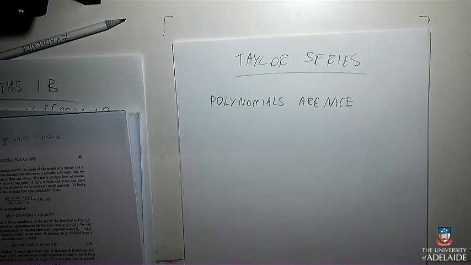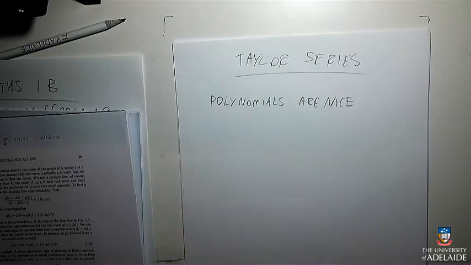We can differentiate them easily. We can integrate them easily. That's the nice one. Other functions are hard to integrate. They have a whole lot of useful properties. And they're really easy to calculate in a computer what the answers are. So we would like it if everything was polynomials, but they're not.